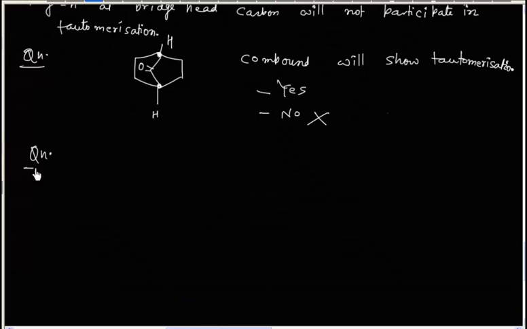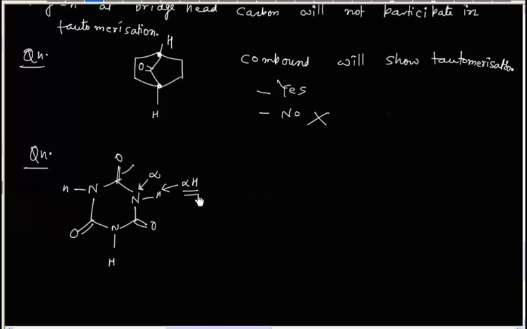Let us write the tautomer of this compound. Now we have a double bond, this is the alpha carbon and this is the alpha hydrogen, and this time the alpha atom is nitrogen. Now we can do the same thing.